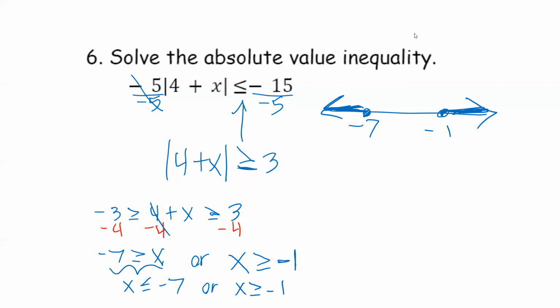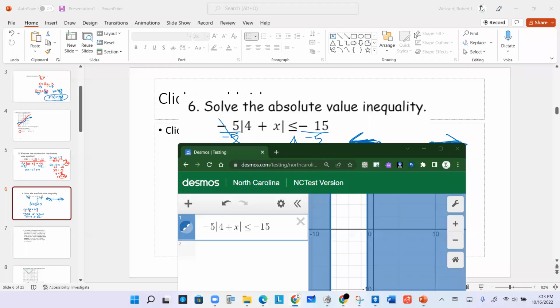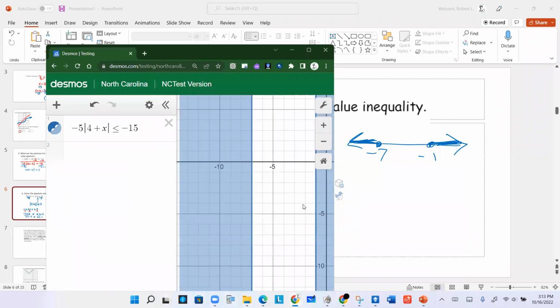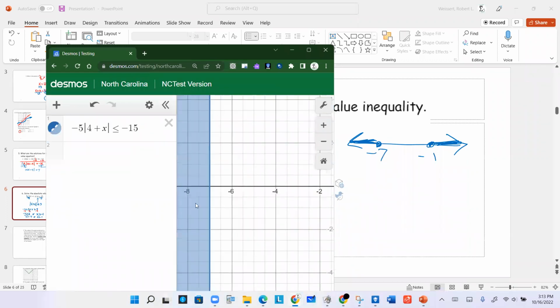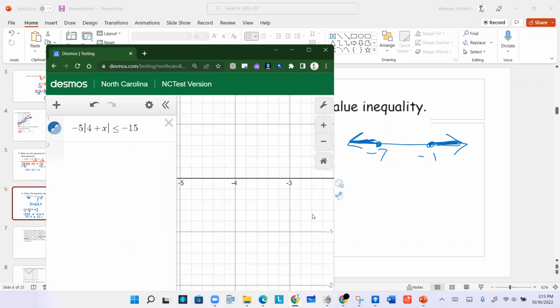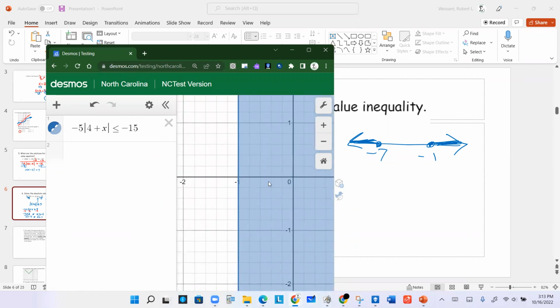Here's how you do it on Desmos. On Desmos, you're going to type the entire inequality, right and left side, in. And then you're going to look at the shading. You're going to see where it crosses the x-axis. Zoom in and you see negative 7 and everything going to the left of negative 7. So that's this part here. And everything going to the right of negative 1.